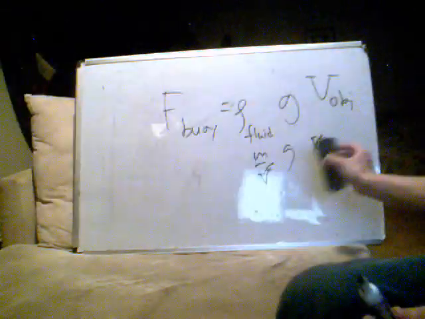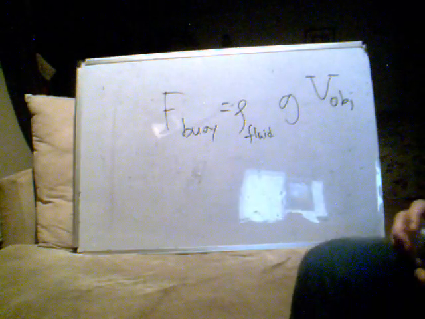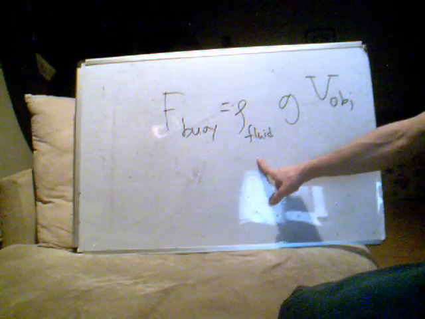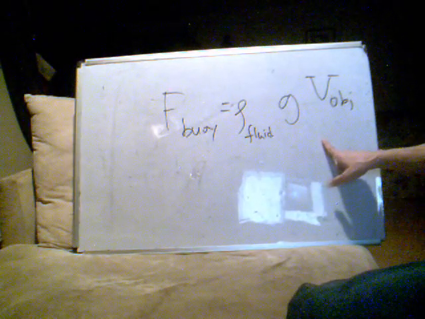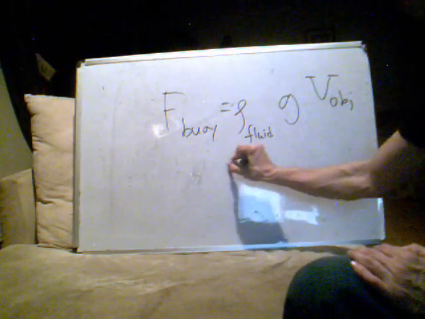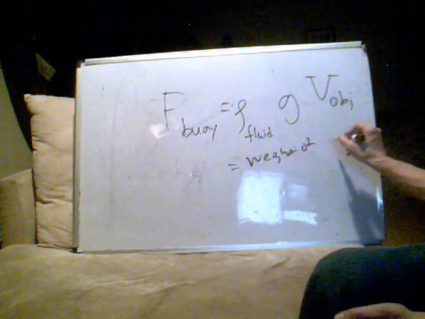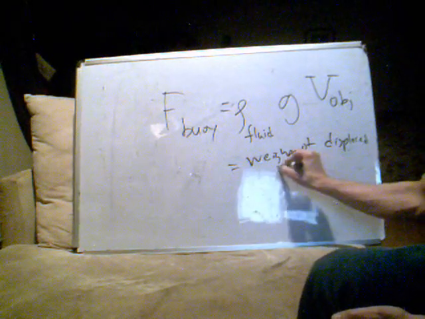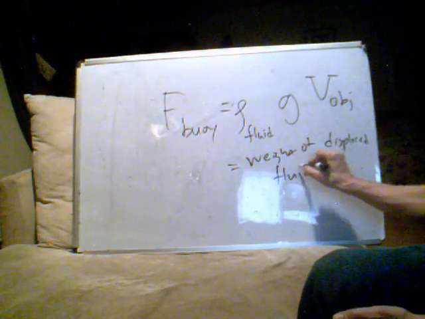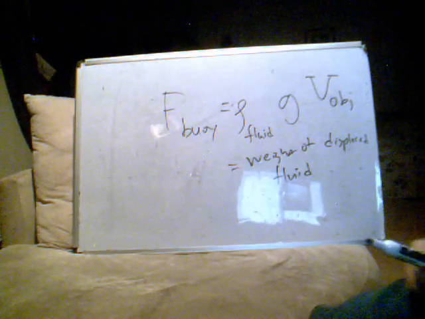And so, therefore, we must conclude that while, yes, by definition, the buoyant force is equal to the density of the fluid that the object is immersed in, times surface gravity, times the volume of the object itself, this is also equal to the weight of displaced fluid. In the case of water, of course, we're talking about the weight of displaced water. Make sense?